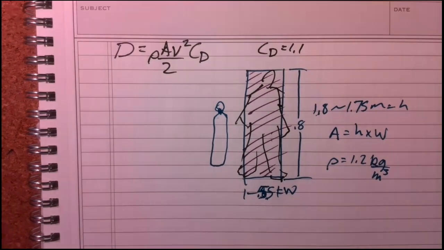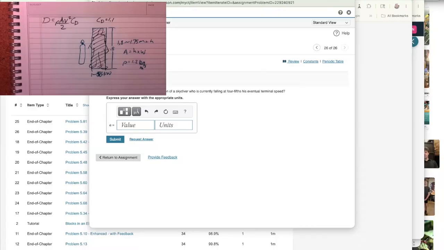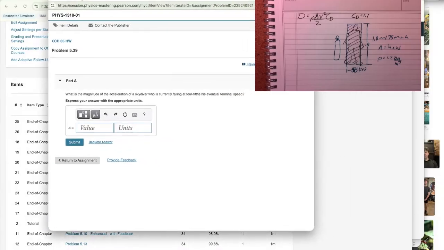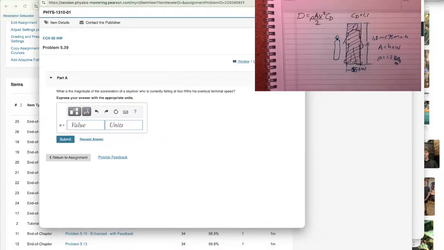Let's get back to the problem. What is the magnitude of the acceleration of the skydiver who is falling at 4/5 of his eventual terminal speed?